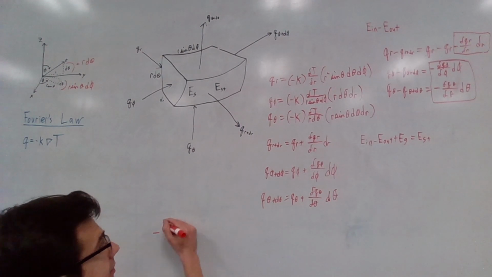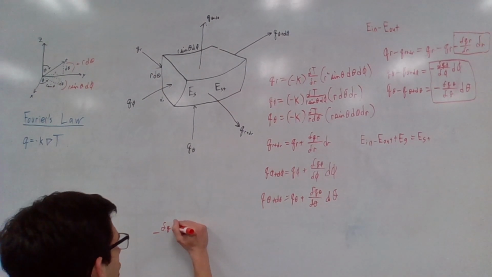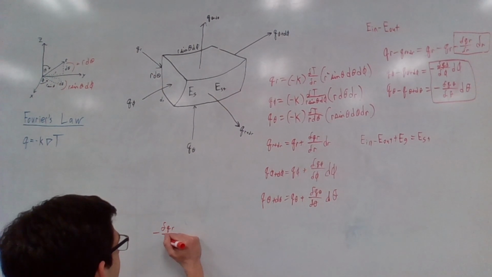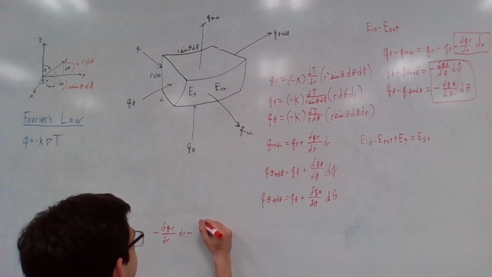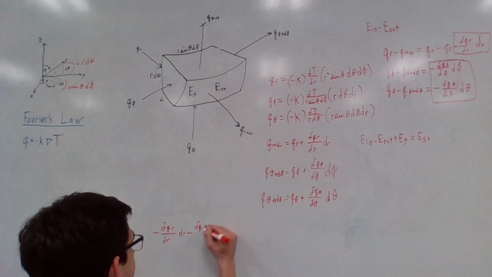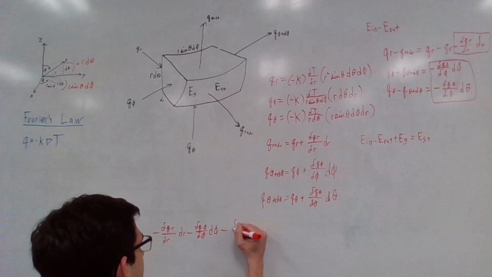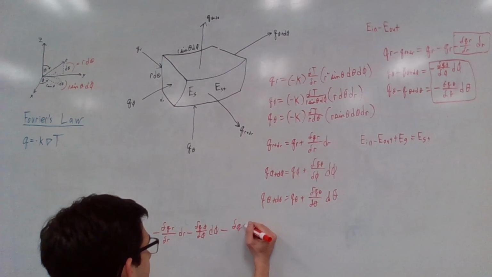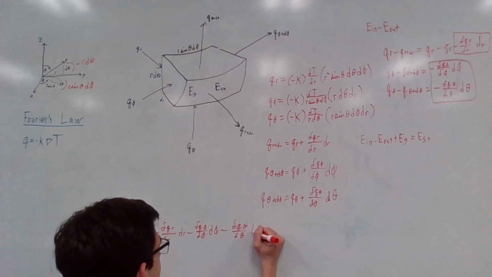That's going to be a negative partial QR over our partial R, dr, minus Q phi, partial phi, d phi. And once again, we know what all these things are, and we defined them. Q theta, partial theta, times d theta.